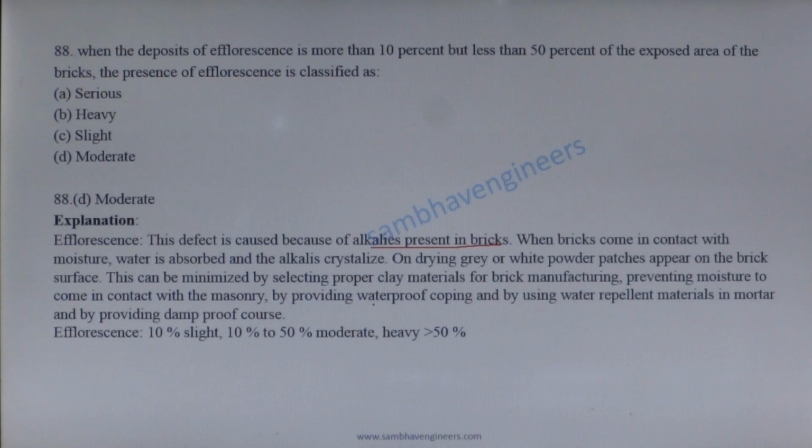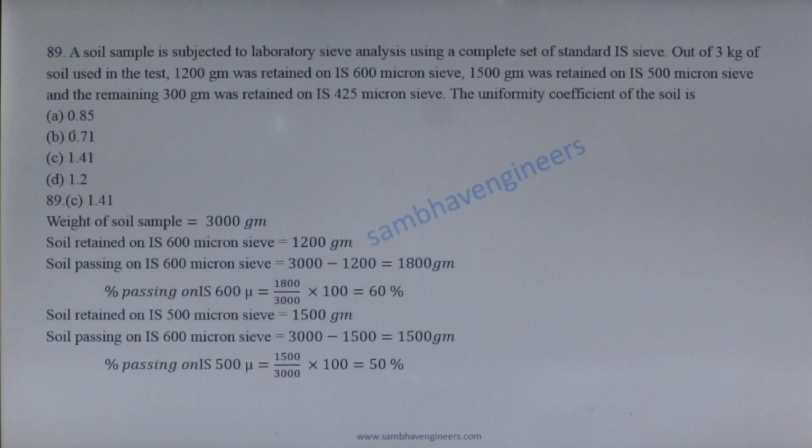If the area of white patches is less than 10% of the surface area of brick, then efflorescence is known as slight. While if the surface covered by the white patches is between 10 to 50%, then efflorescence is known as moderate. Option D is the correct answer.